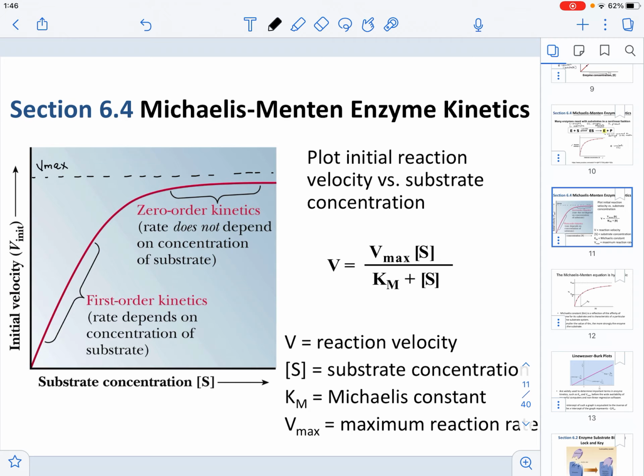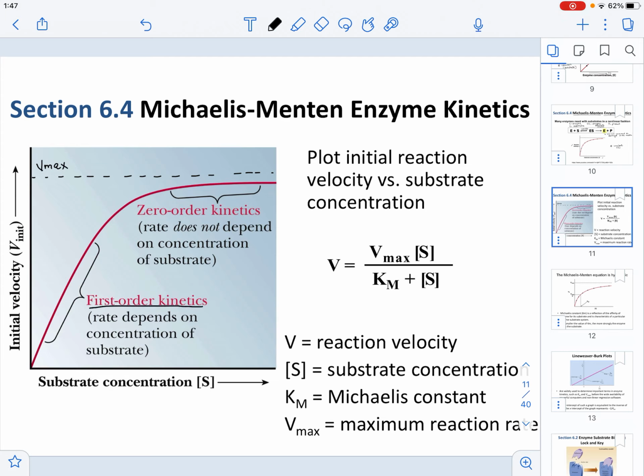So, when it comes to Michaelis-Menten enzyme kinetics, we should establish that there are two different kinetic orders that we see. At first, under these conditions, we are going to see first order kinetics, which means that the rate of the reaction is going to depend on the concentration of the substrate, followed by zero order kinetics.